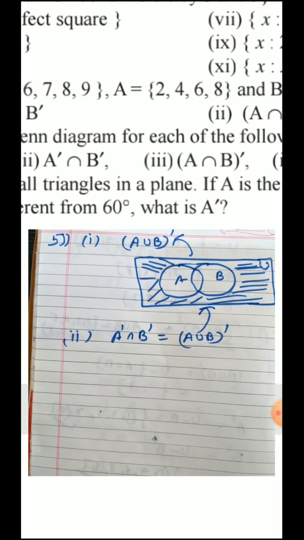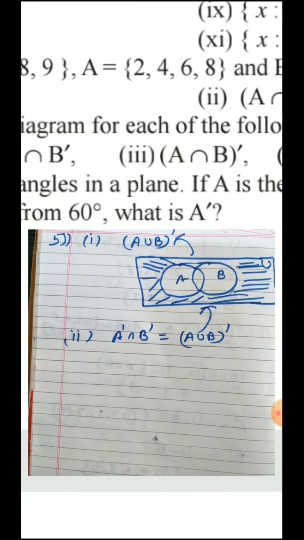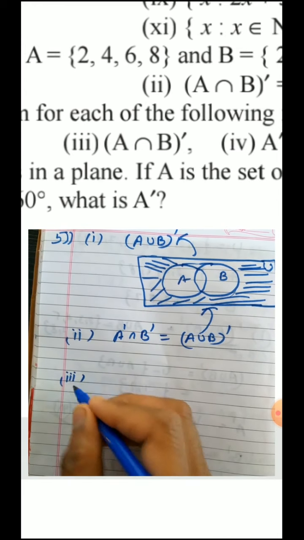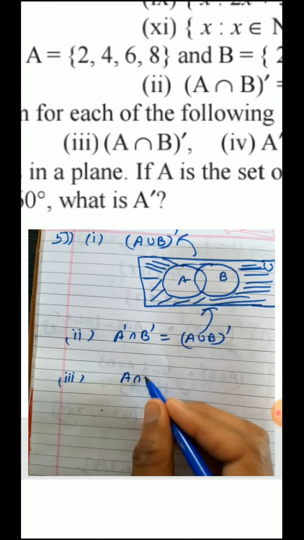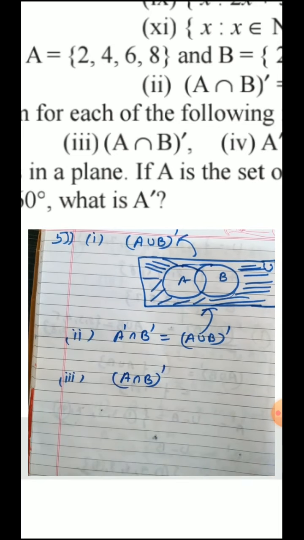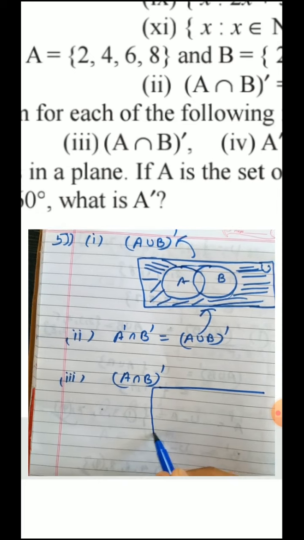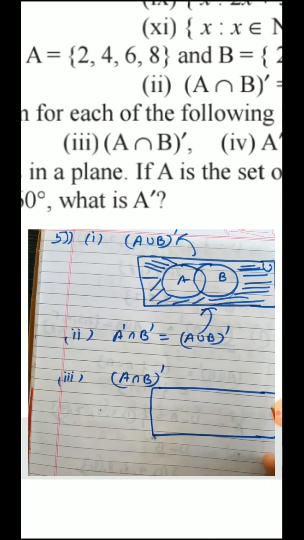Now the third part is (A intersection B)'. My dear student, the rectangle represents the universal set.